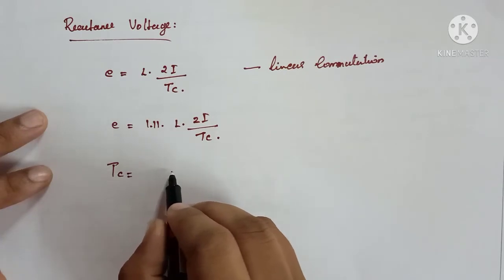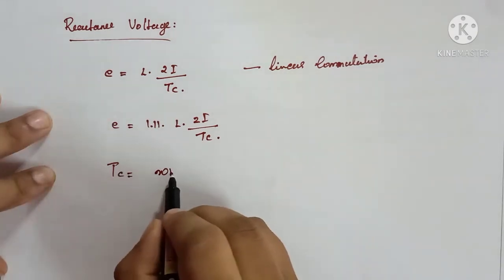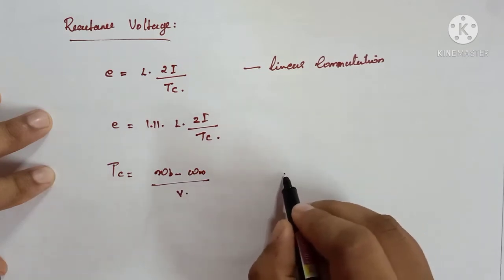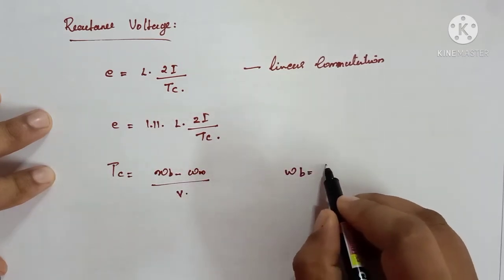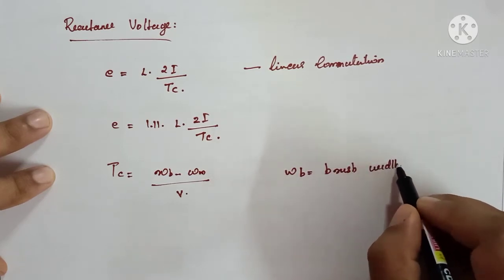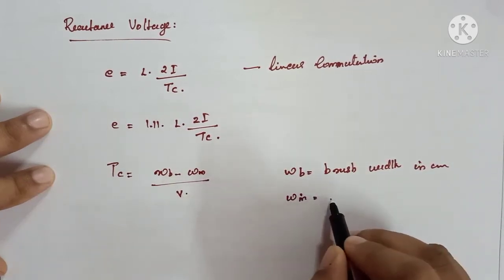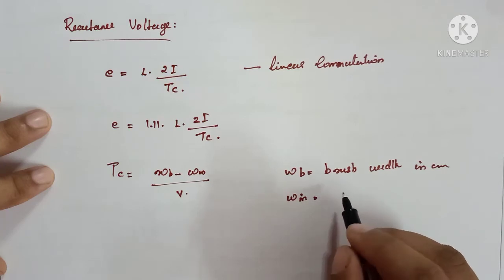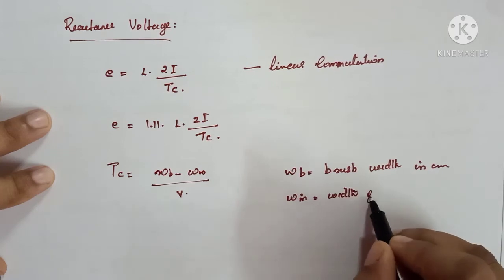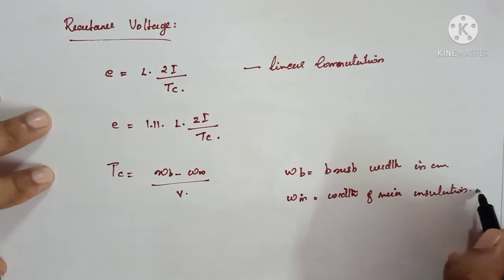Tc is equal to Wb minus Wm by V, where Wb is the brush width in centimeter, and Wm is the width of mica insulation in centimeter.